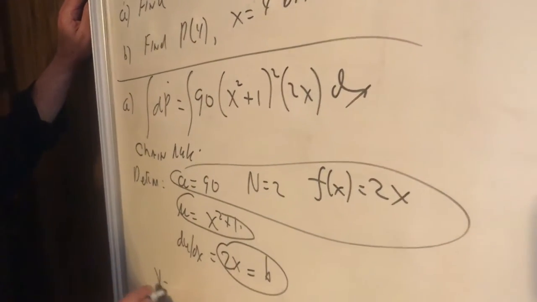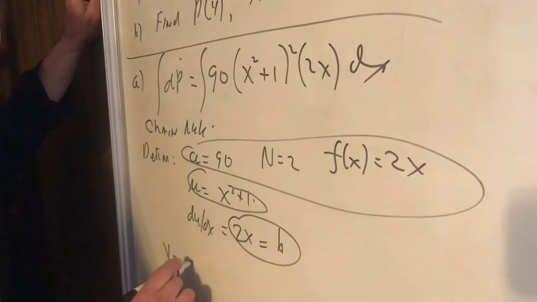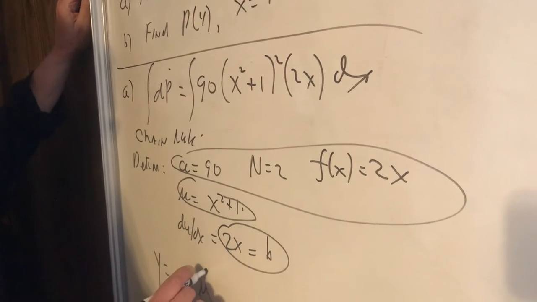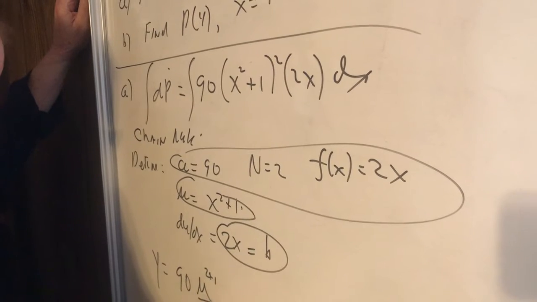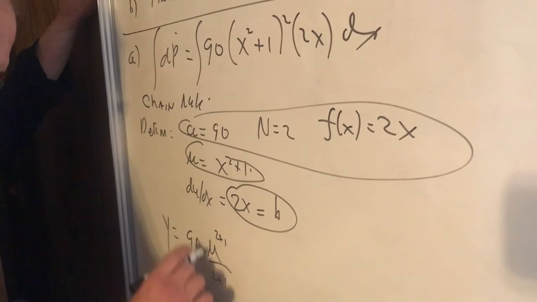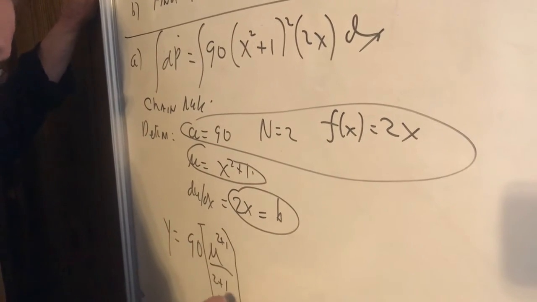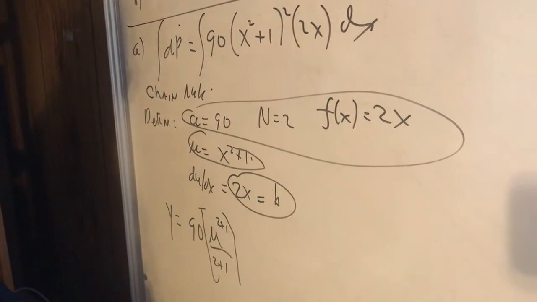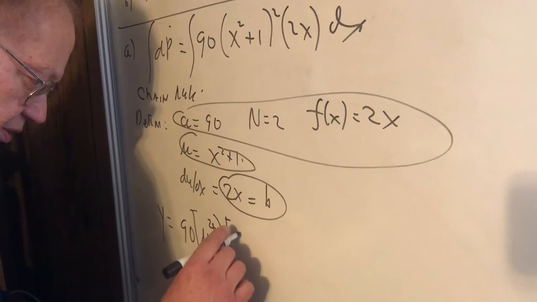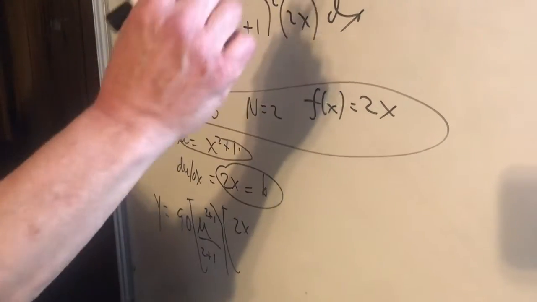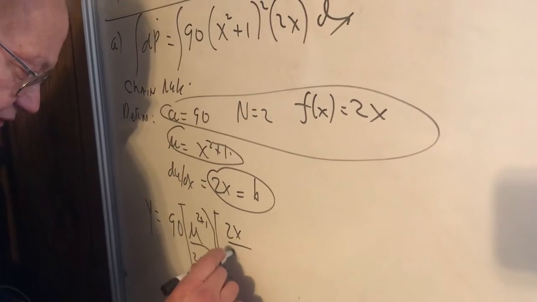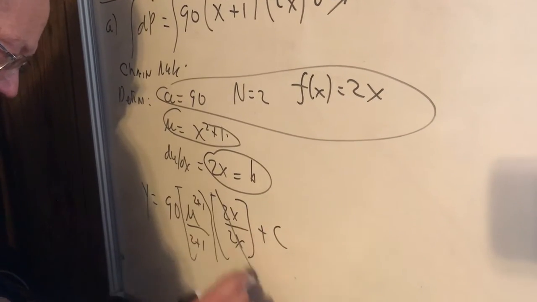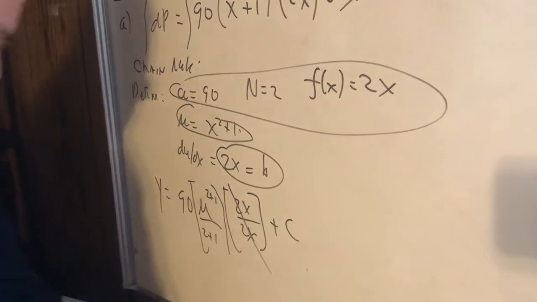So y is going to be equal to 90, u to the 2 plus 1, divided by 2 plus 1. I usually like to put a box around that. And f of x, which is 2x, divided by b, which is 2x, plus c. That cancels.